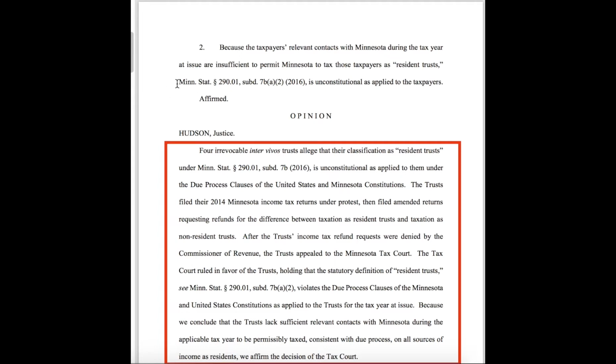Now this is important. Minnesota statute claims that the grantor trust may become irrevocable when the grantor passes or gives up control. But in Minnesota's exclusive rules, the trust then becomes a resident trust, even if the trustee is in another state, because Minnesota does not automatically recognize the trust as being domiciled where the trustee is.